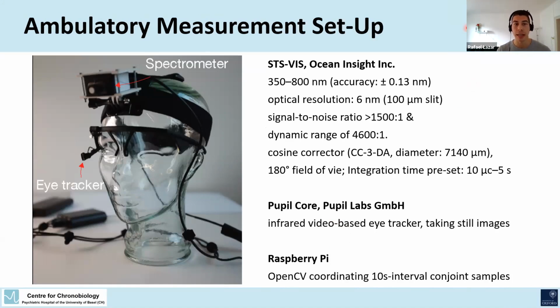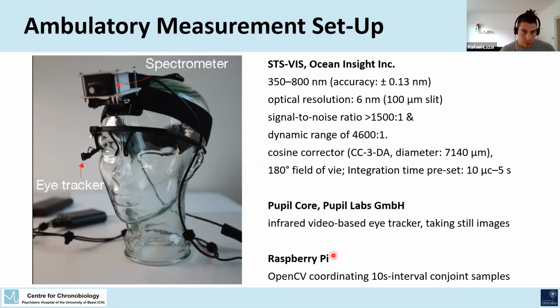So we used a spectroradiometer and put it on the forehead, adjustable in angle. And we combined it with an eye tracker from Pupil Labs. This was coordinated by a Raspberry Pi computer that made both of those devices take 10-second simultaneous samples.